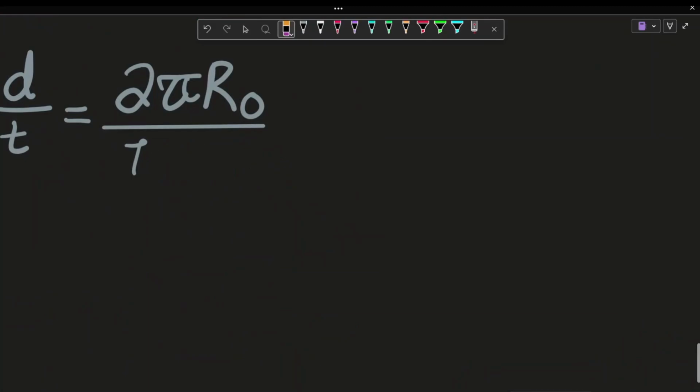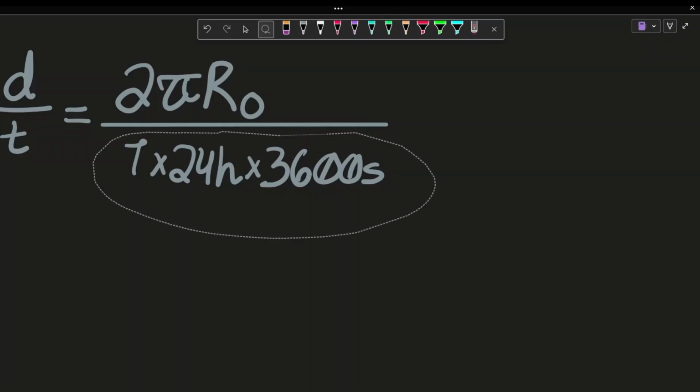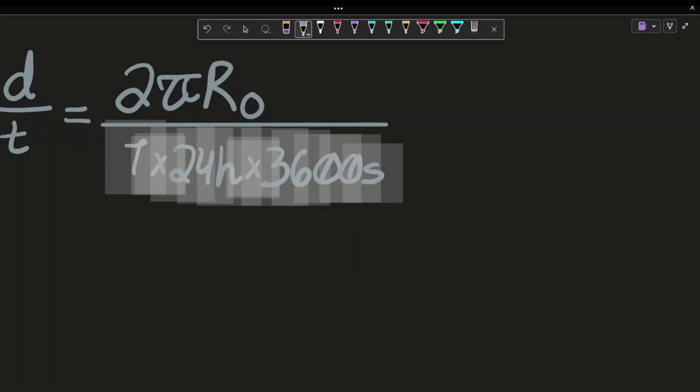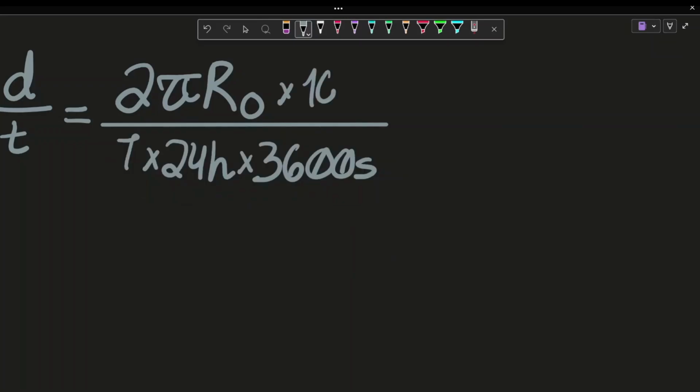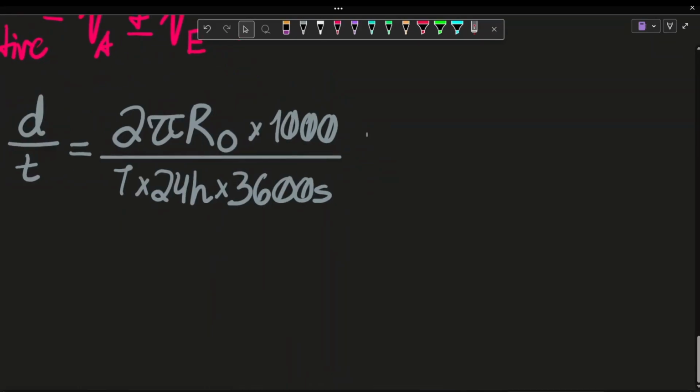So it'd be times 24 hours times 3,600 seconds. And the top is already in kilometers. So to convert that to meters, we just multiply by 1,000. Alright, and from there we get the velocity of the Earth, in meters per second.